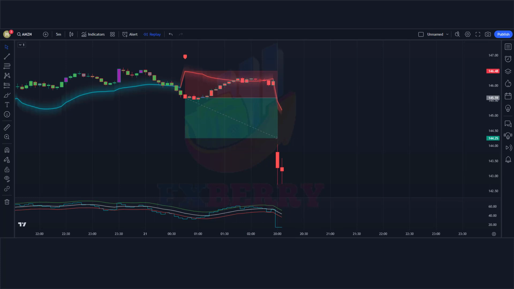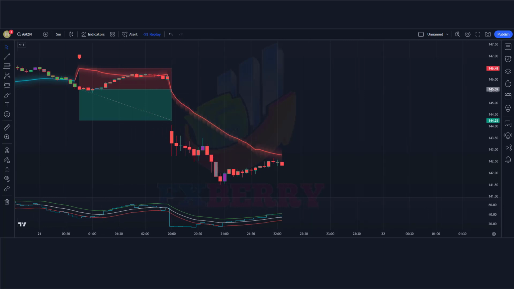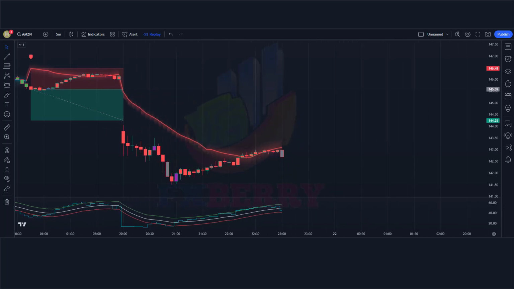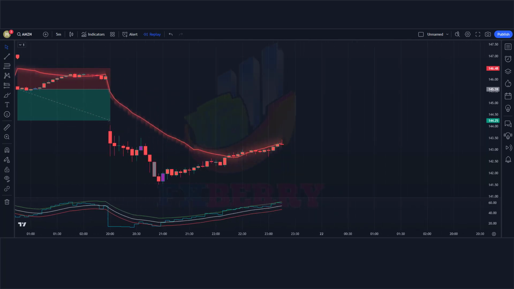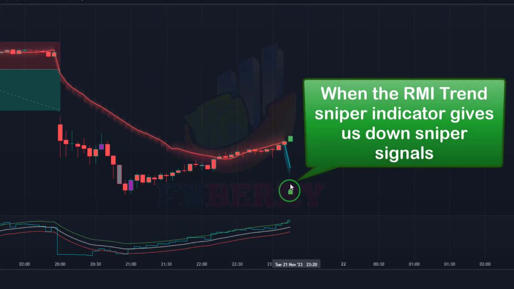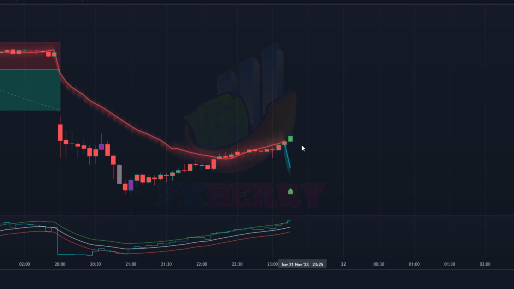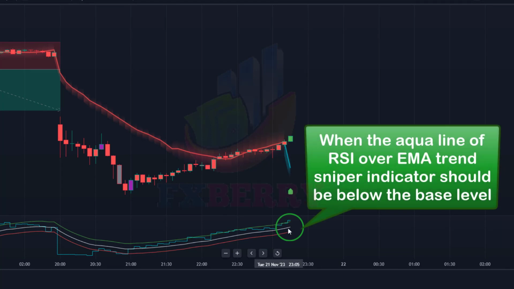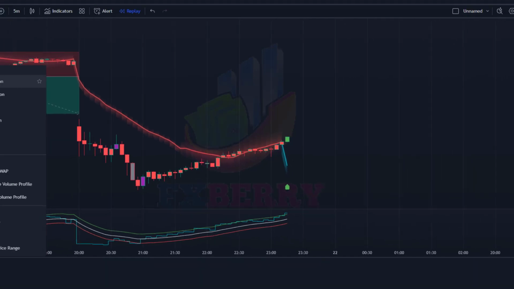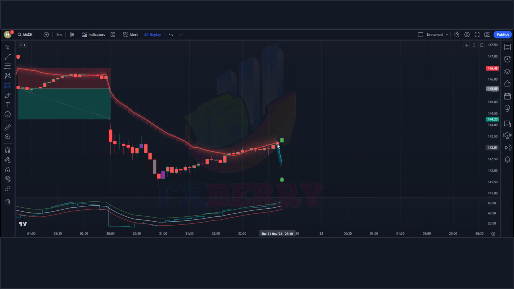Now let us understand long position. When the RMI Trend Sniper indicator gives us up sniper signals, when the market forms a bullish candle, when the aqua line of RSI over EMA Trend Sniper indicator is above the base level, if this condition is fulfilled, then we will place a buy order.